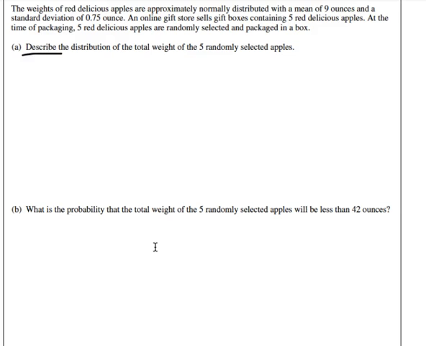So describe, again, hopefully you know that means SOCS, right? Now, they talked about this being normally distributed. So if you combine normally distributed things, the shape is still going to be normal.